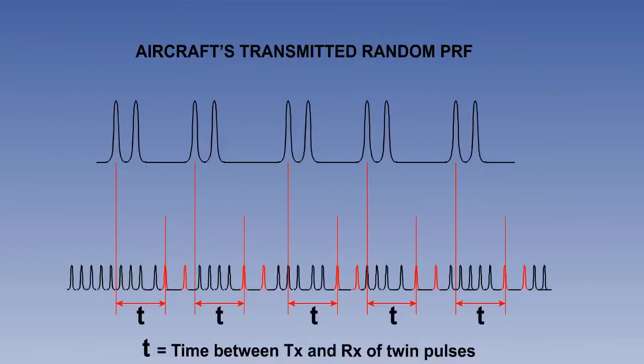When a ground station, the transponder, receives an interrogation pulse, it sets up gates to match the random pulse repetition frequency of the transmitted twin pulses. Electronic gates essentially blank out signals with other patterns.